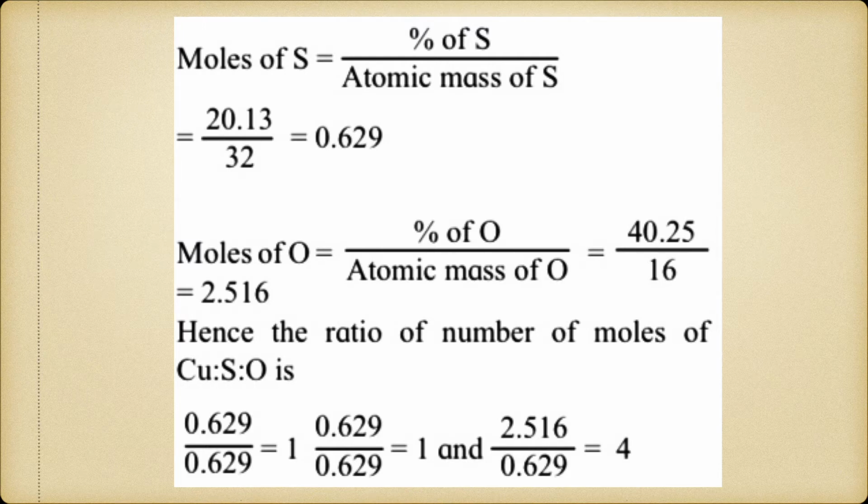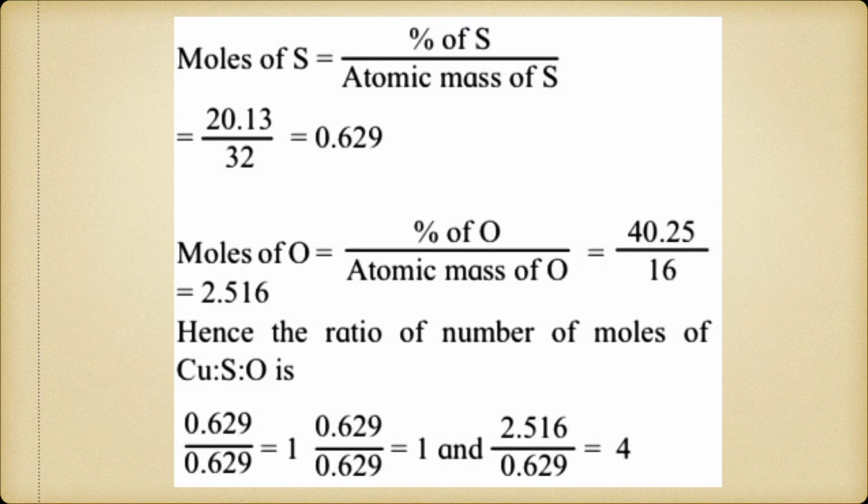So the value comes out to be 0.629. Next, moles of oxygen equal to percentage of oxygen upon atomic mass of oxygen, that is 40.25 upon 16. After dividing, I'll get the value as 2.516.